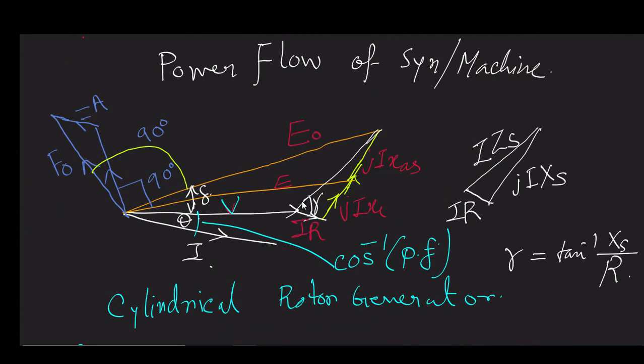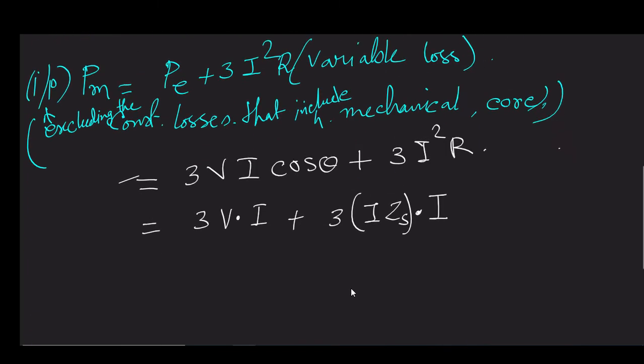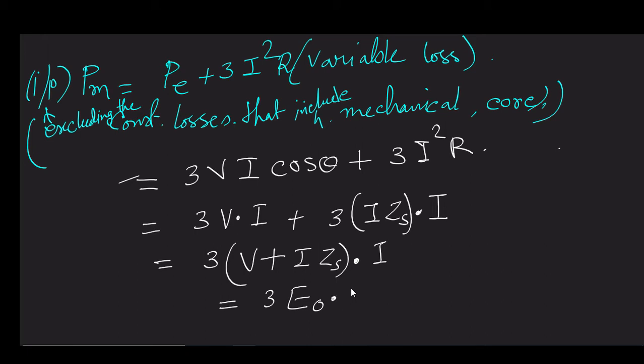See, IR is lying in phase with I, but IZS is making an angle gamma with this, so it is clear. Now what we can write in common, that 3 times V plus IZS, but this is our 3 E naught I.